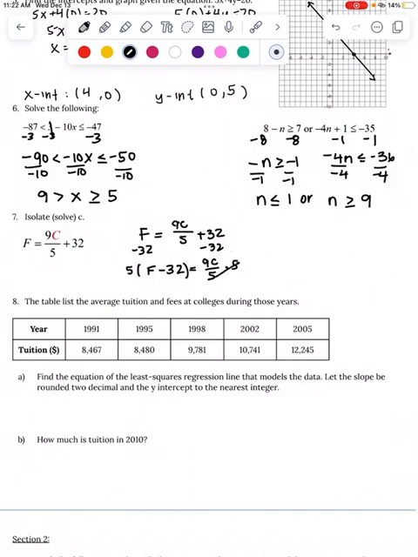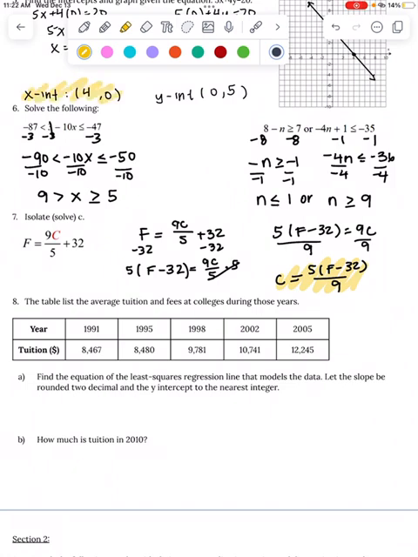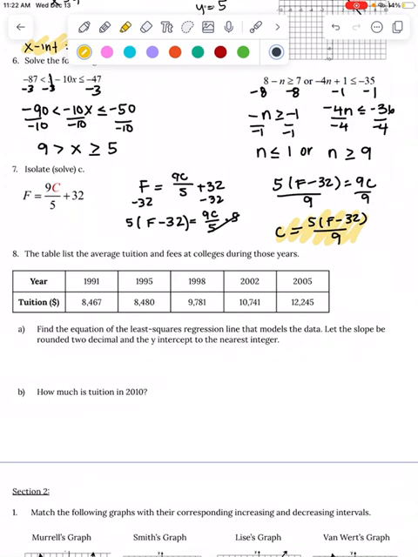So I have 5 times f minus 32 equals 9c. Divide by 9. Divide everything by 9. So c equals 5 times f minus 32, over 9. Boom.